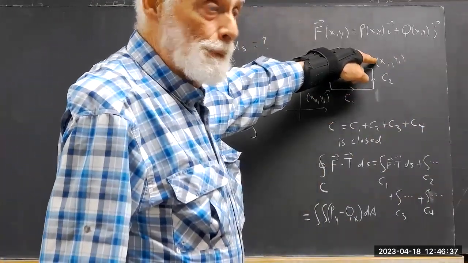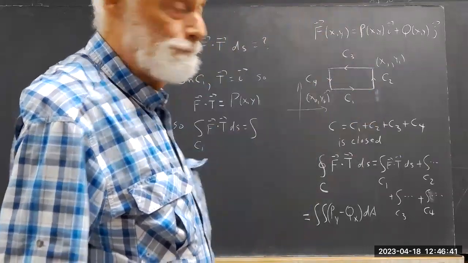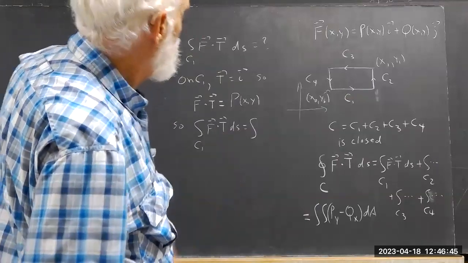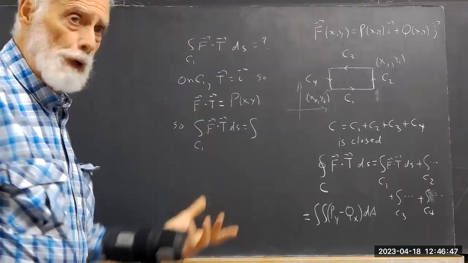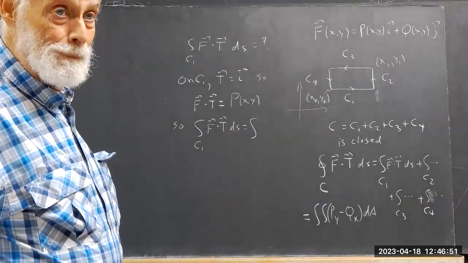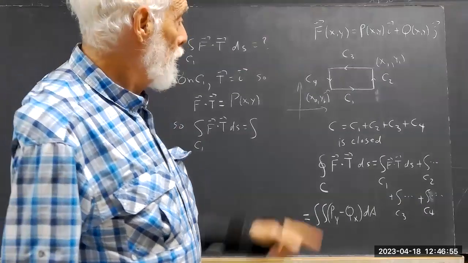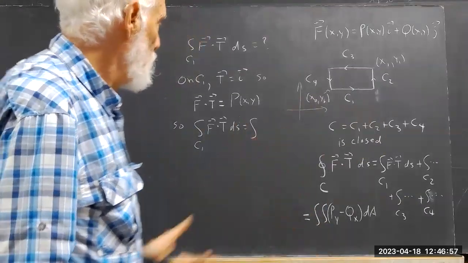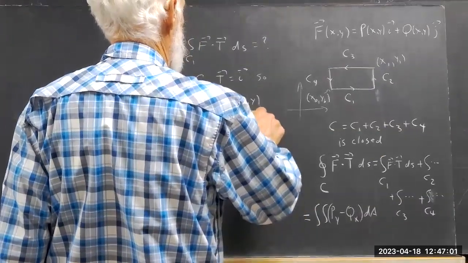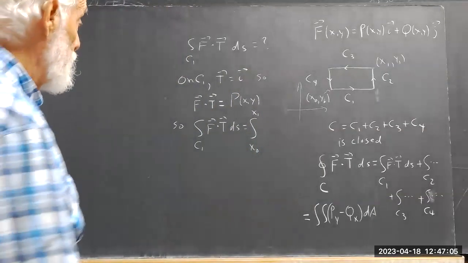That tells you what this point and this point are. Everything's parallel to the coordinate axes. So what would my limits in the integral be? I could parameterize this, let ds equal dt and let t go from x0 to x1, but we might as well just integrate from x0 to x1.